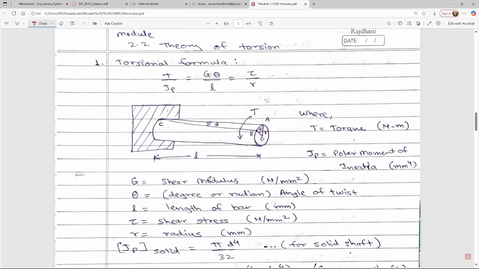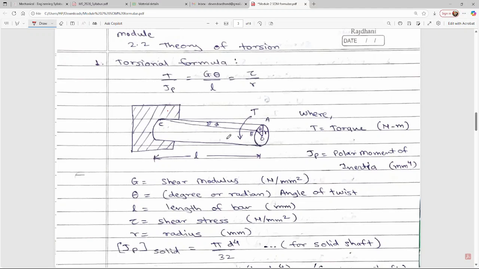Okay, so every formula we have seen through module 1, we always talk about elastic limit. Every formula will work only and only if the whole thing is within elastic limit.